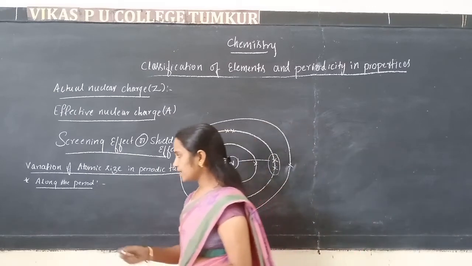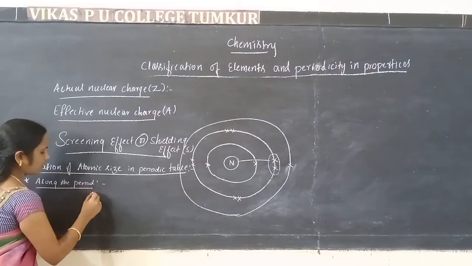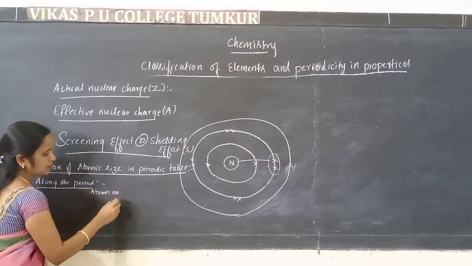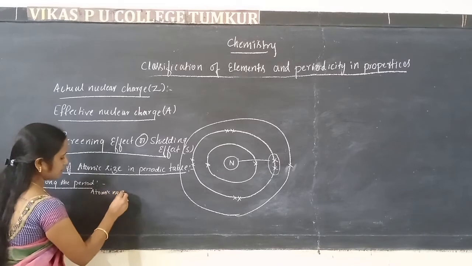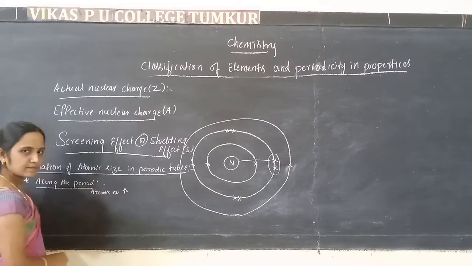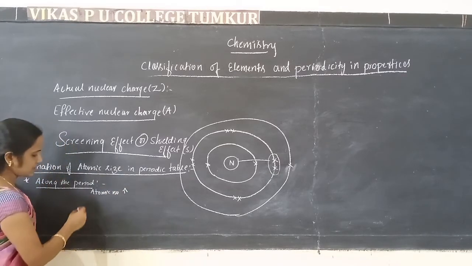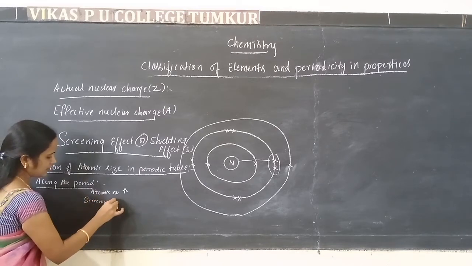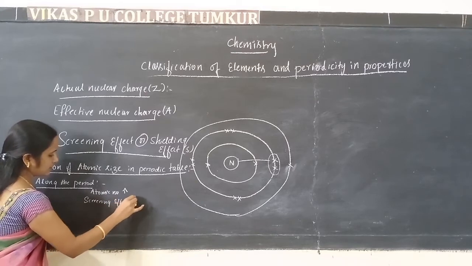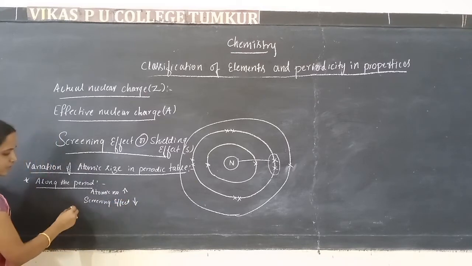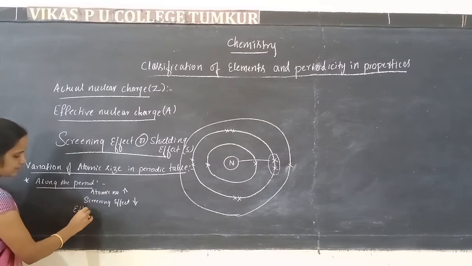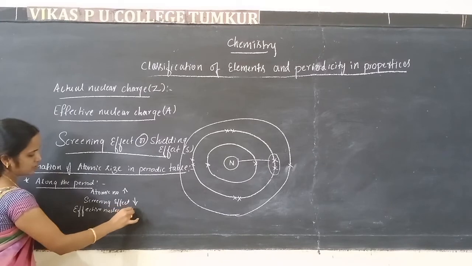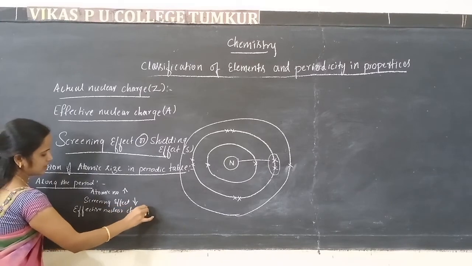What happens along the period? The atomic number increases. The screening effect decreases. The effective nuclear charge increases.